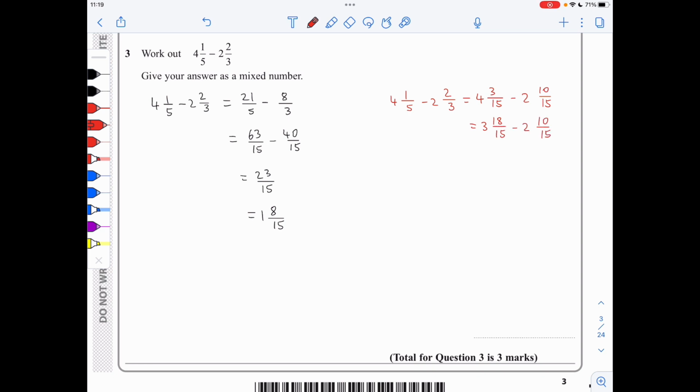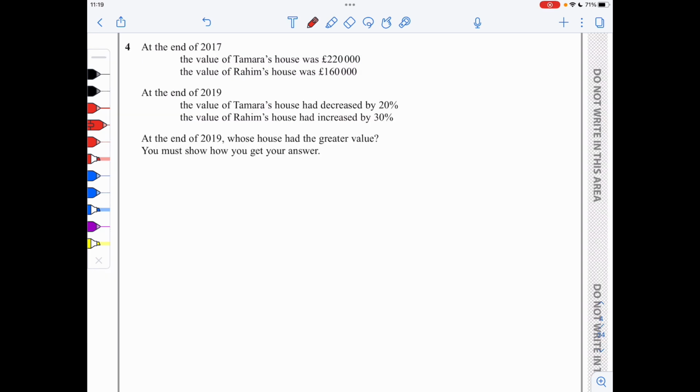And then I will do the integers with the integers and the fraction part with the fraction part. So 3 minus 2 is 1, 18 minus 10 is 8, and we get the answer of 1 and 8 over 15 as well.